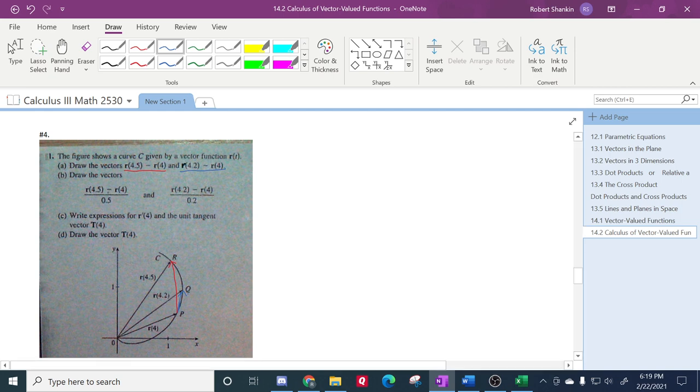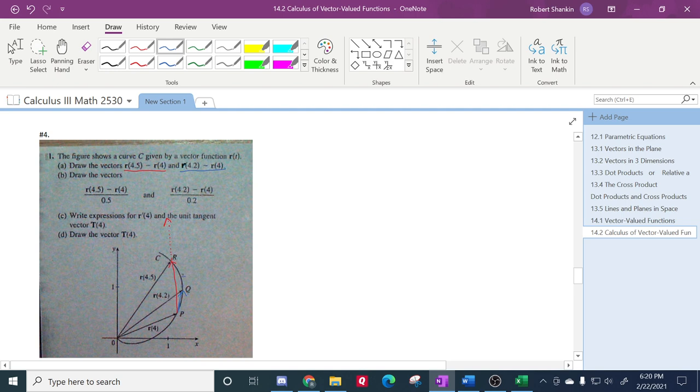So the first one, when you divide by 1/2, it's the same thing as multiplying by 2. It just makes this thing twice as long. So let's just add the extra part to it. And this one, when you divide by 1/5, it's going to make it 5 times as long.